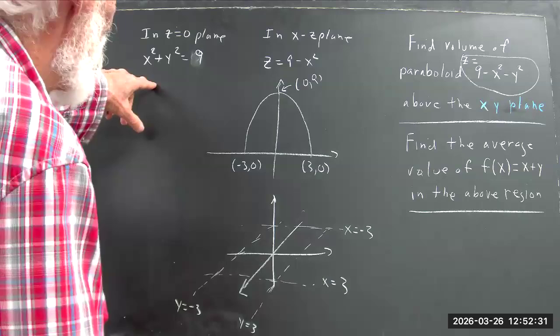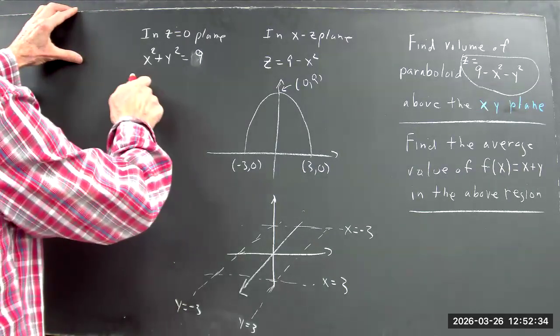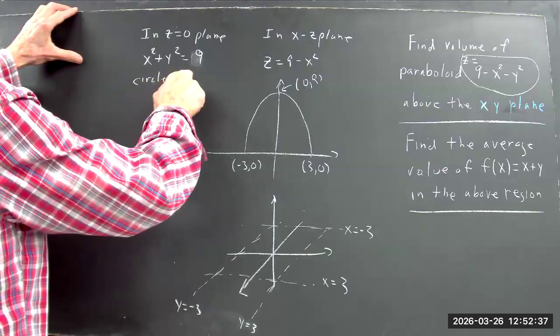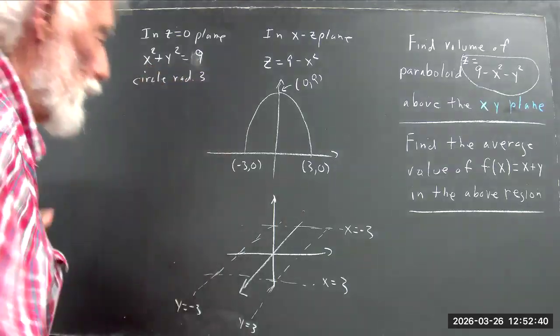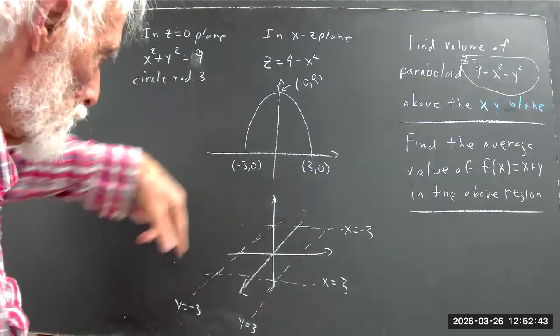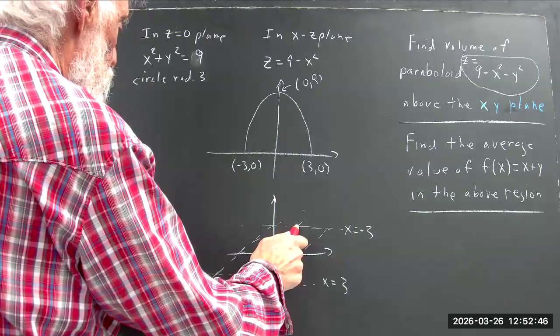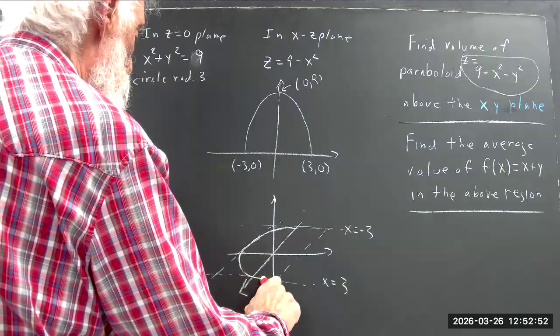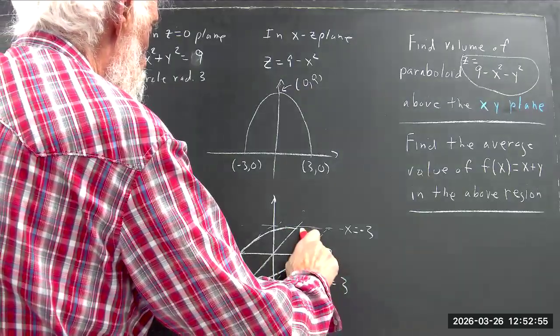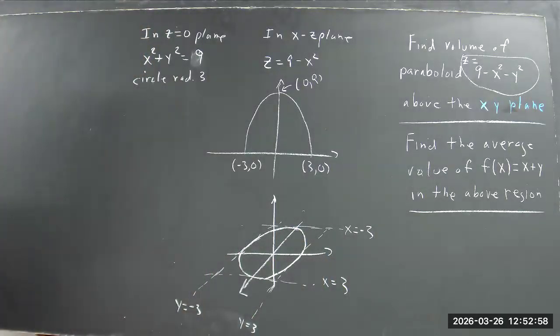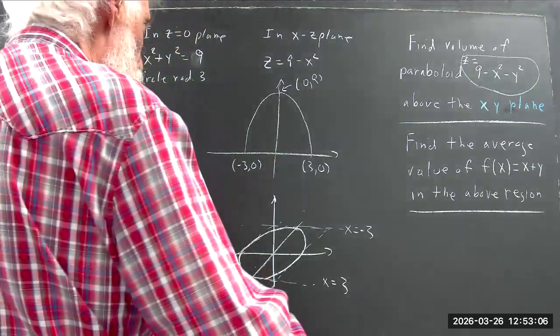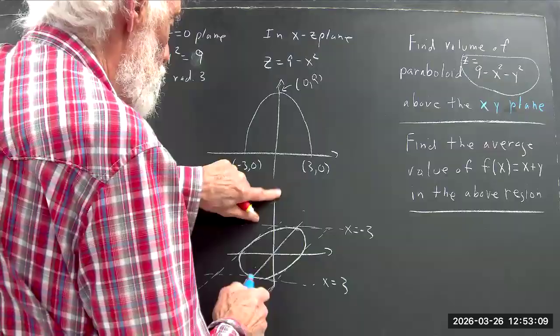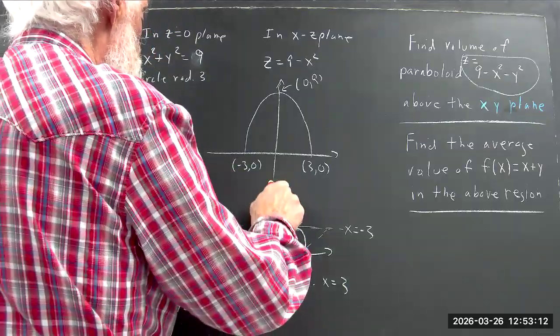Okay. Now, it's a circle of radius 3, the center is obviously the origin. So that's what I'm sketching down here. A circle of radius 3. And I'm using this square to draw a really bad representation of that circle. There it is. Now, above it, make z equals 9 a little higher.